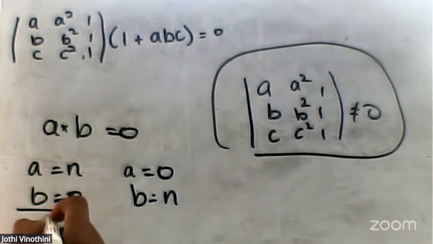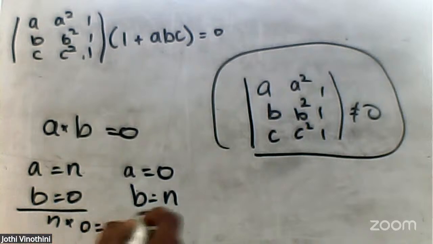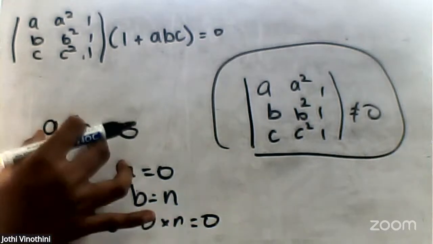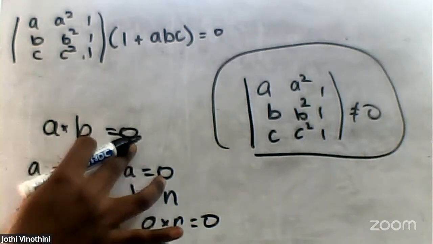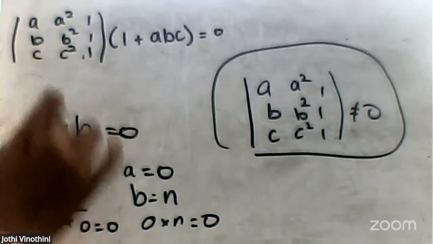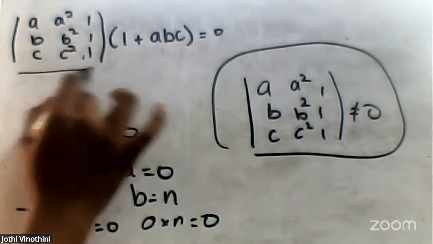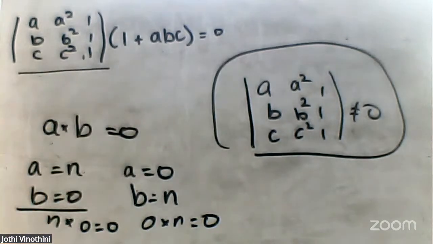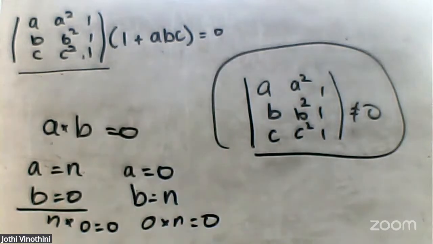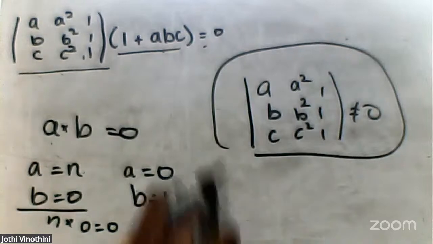So in this case, n multiplied by 0 is equal to 0. Here 0 multiplied by n equals 0. So whenever a product of two numbers is 0, either one of the terms is equal to 0. Right? Here we are provided with this in the question. This term is not equal to 0. This is given in the question. So I can say that this term must be equal to 0. Clear?